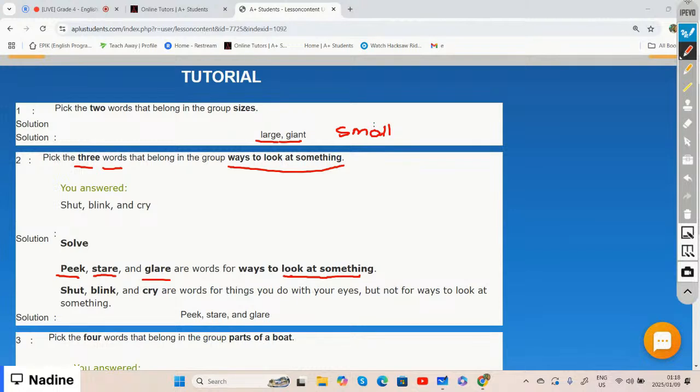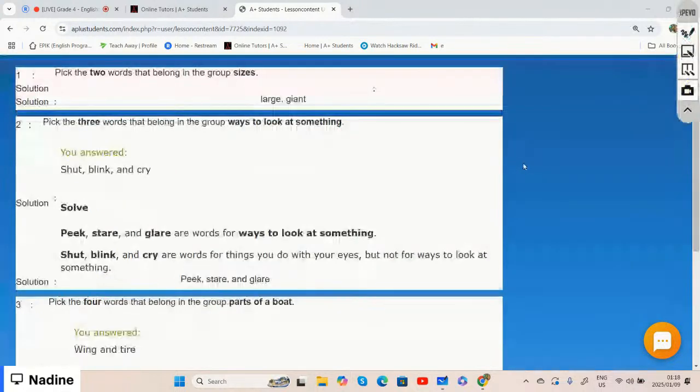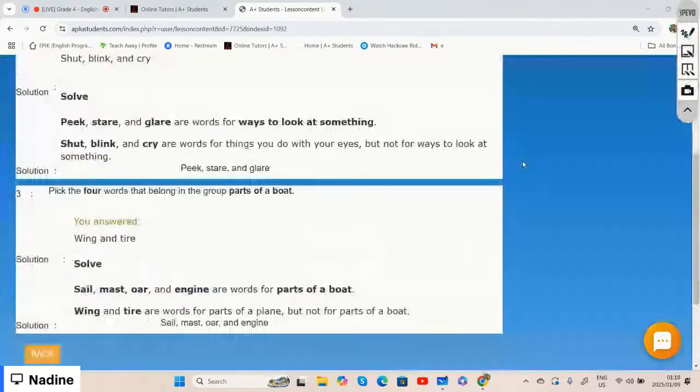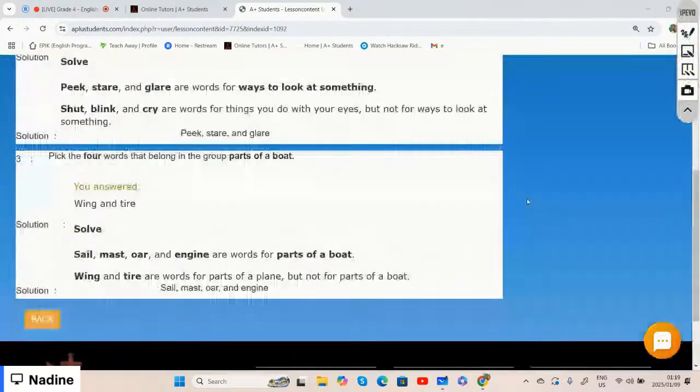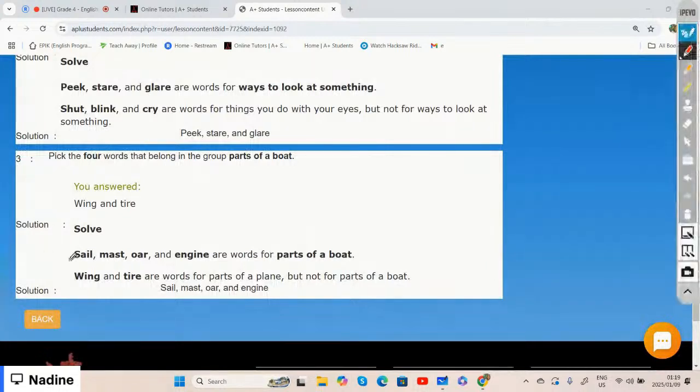All right. Now, if we look at the group which is parts of a boat, these are words that are parts of a boat, right? And words that are parts of a boat, if you know boats, right? Then it is to sail. Sailing is part of a boat, right?